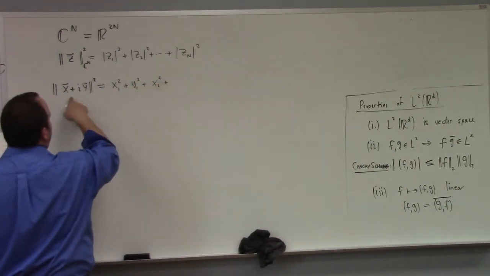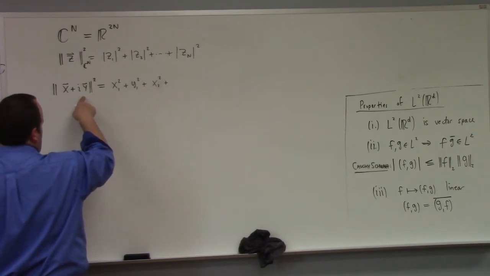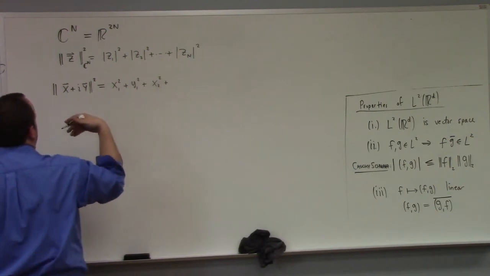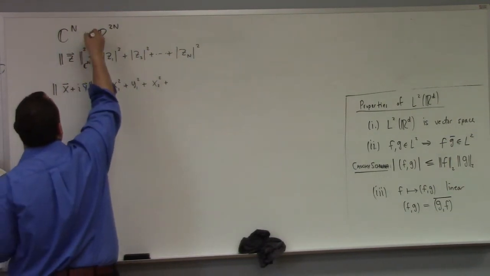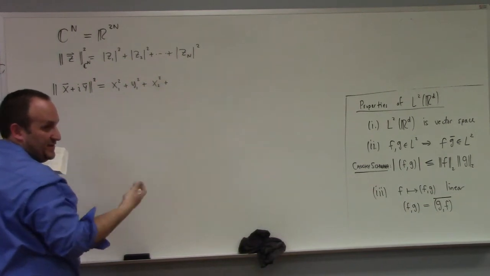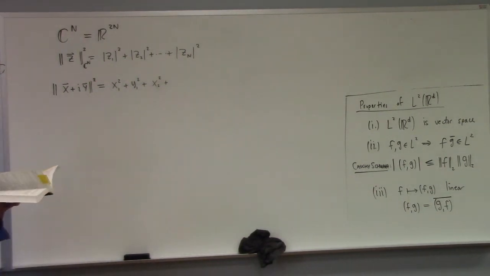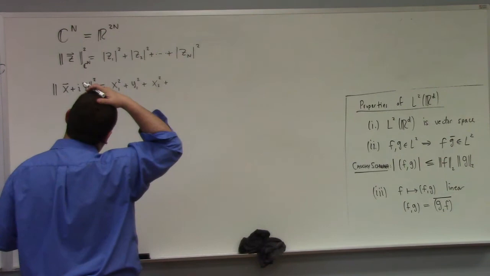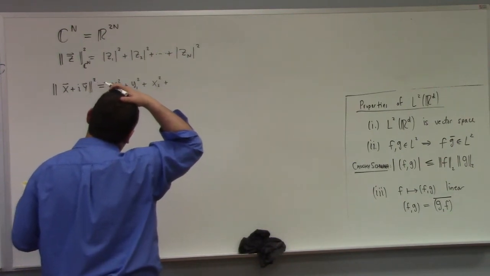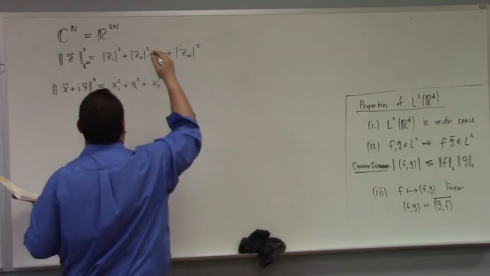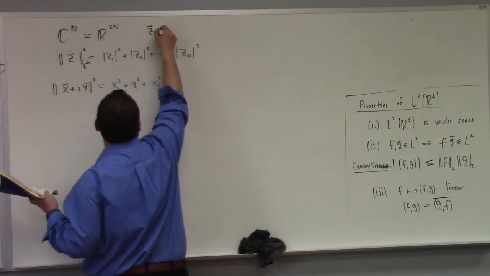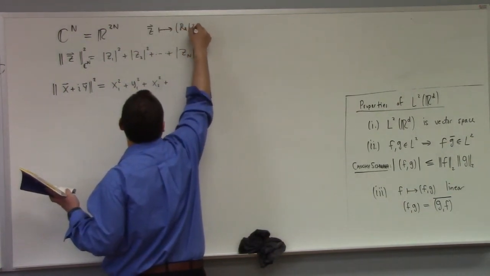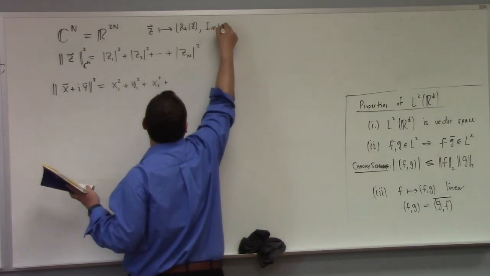The question is how you make this equality, right? I mean, how do you make that identification? But my point is if you make it in the natural way, so the mapping is z vector maps to the real part of z vector, comma, the imaginary part of z vector, like that.